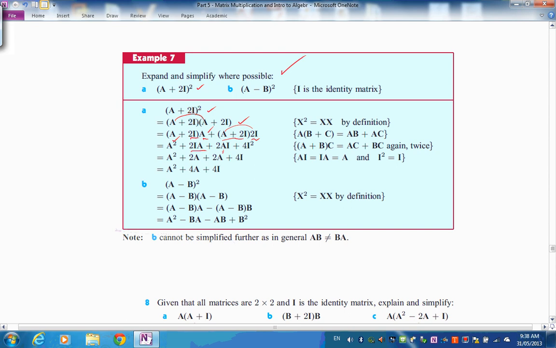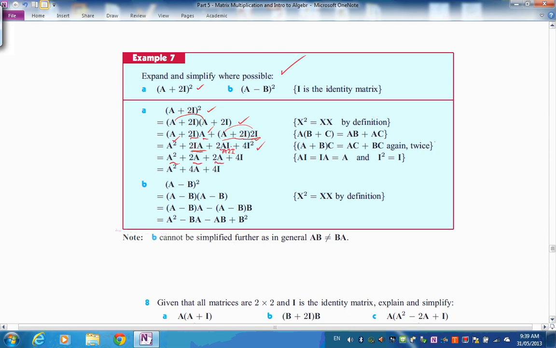That technically should be A, 2I, but you can put the 2 in front. We know the scalar multiplication rule. And then 2I by 2I is 4I squared. And then down here, 2IA, I by A is A, I leaves A unchanged, so it's 2A, and 2AI, A by I is A.